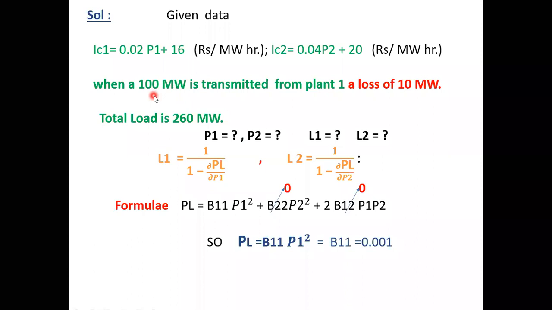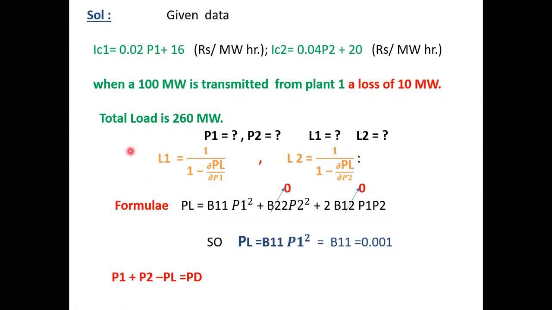Similarly, you should not consider P1 equals 100 megawatts, because this data is only for the sake of calculation of the B11 value only. Understood, everybody? So finally, you will get B11 equals 0.001.